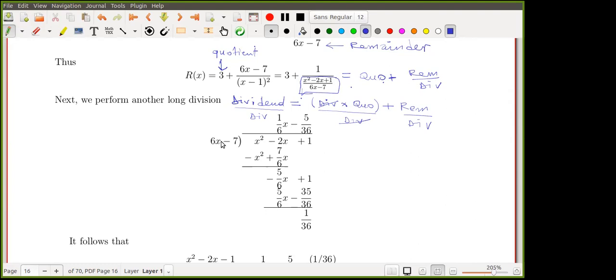As you can see here, this is first degree and that is second degree, so there will be x and a factor, and that factor will be the reciprocal of that, 1 by 6, in such a way that if I take this and multiply by that, it will give us x squared. Then we also take this and multiply by that, it will be negative 7 by 6x.